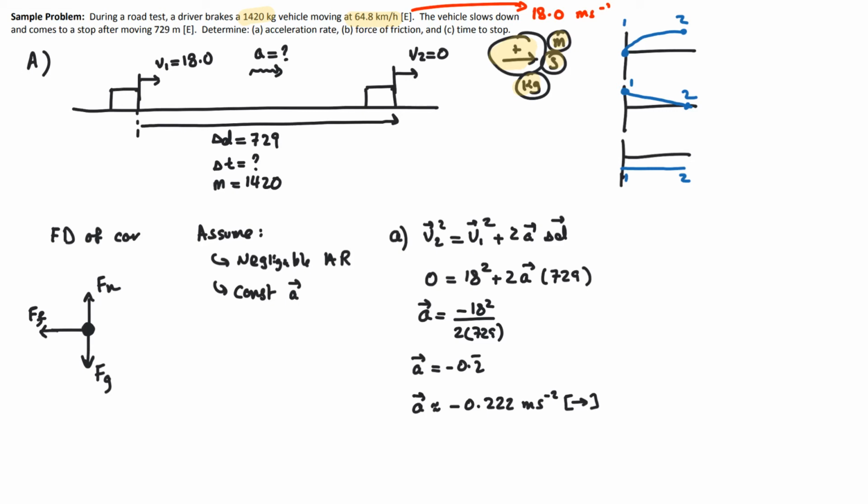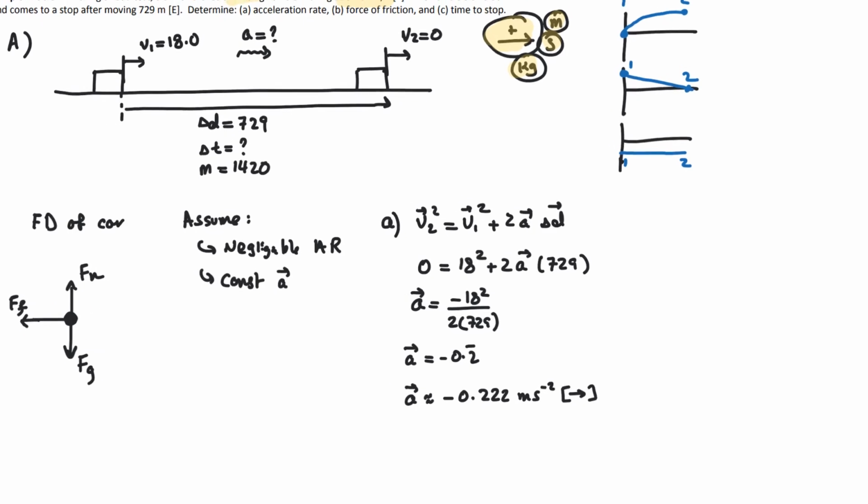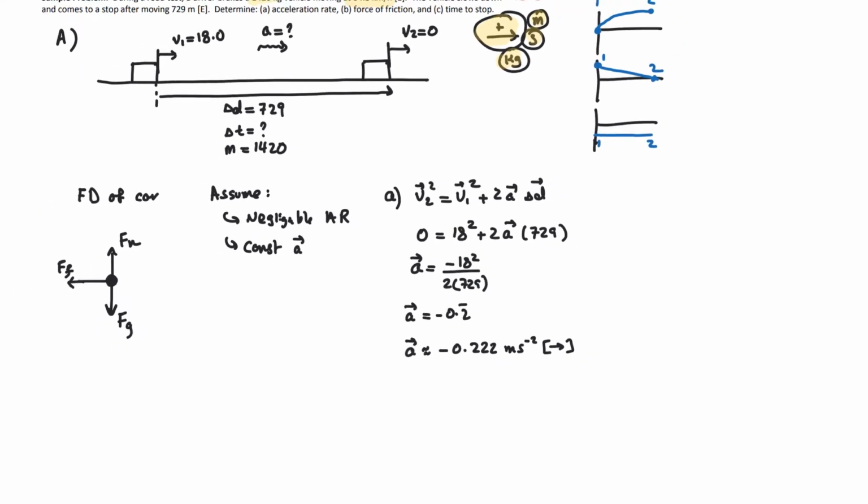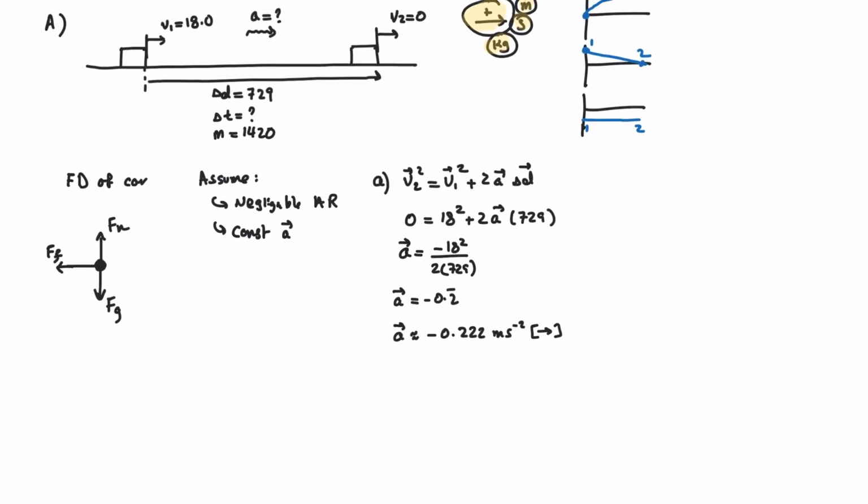So I can do time to stop actually pretty quickly because I can still use this set of information and use kinematics only. I don't really need to use forces, but let's just use the force diagram to do part B first. I'm going to move up a little bit, and let's do part B here.